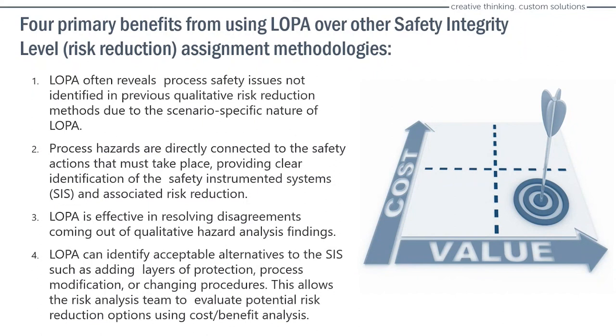And then LOPA can identify acceptable alternatives to the safety instrument and systems, such as adding layers of protection, process modification, or changing procedures, and allows the risk analysis team to evaluate potential risk reduction options using cost-benefit analysis. Like I said, the more controls you add, the more cost you add to your system. And so there is a cost-benefit analysis that should be completed.